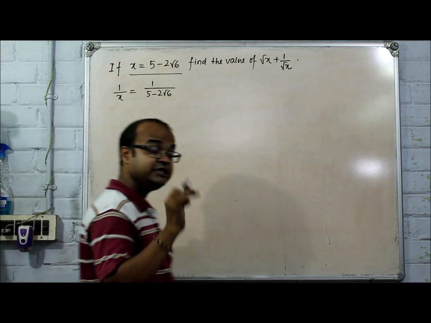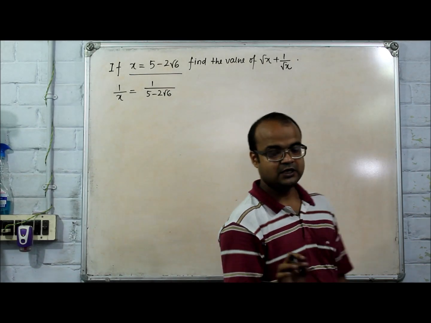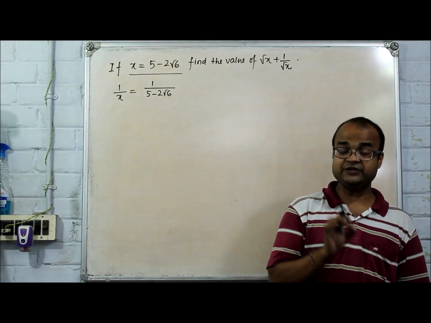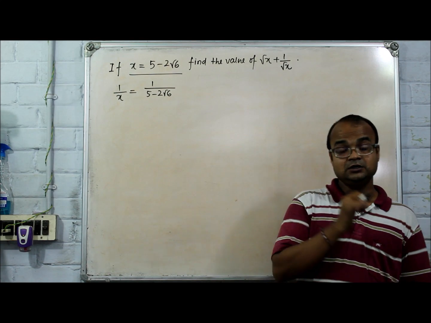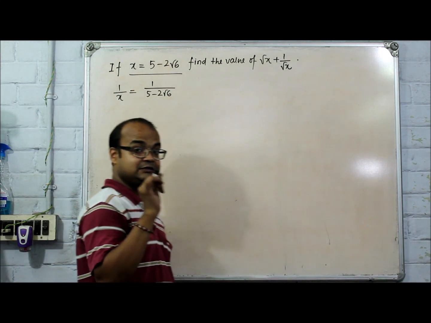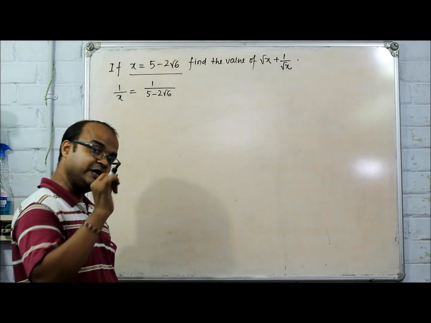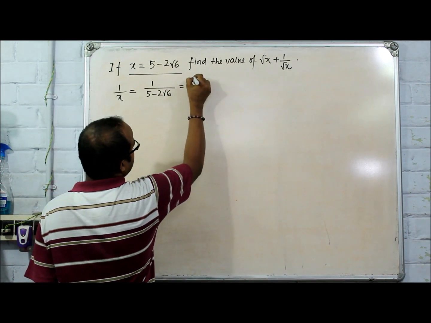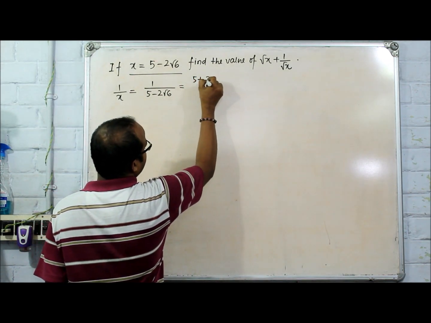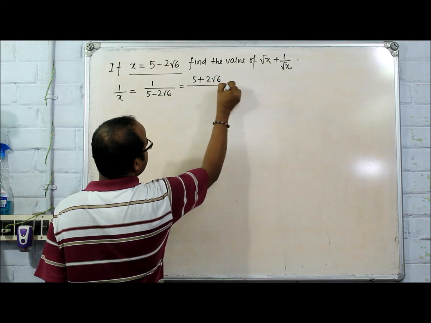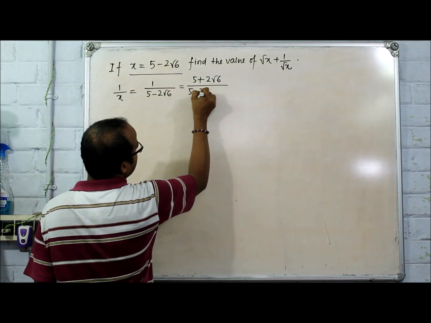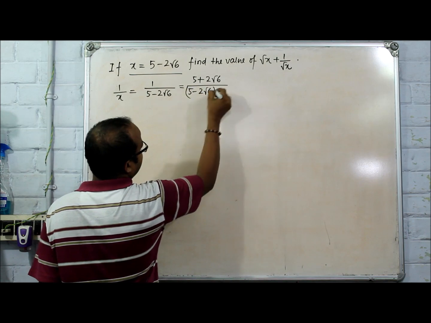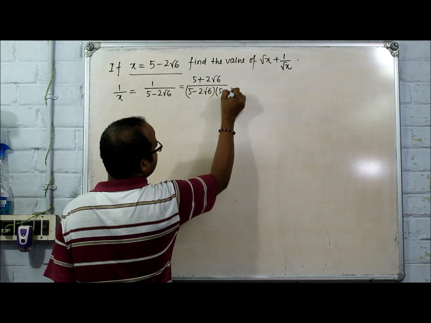Now here you need to rationalize it. Rationalization, you know. If you have doubt, go to the I button, the link is given, you can revise the chapter. So now if you rationalize, we need to multiply with 5 plus 2 root 6.